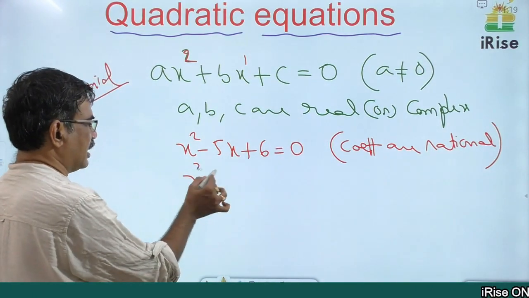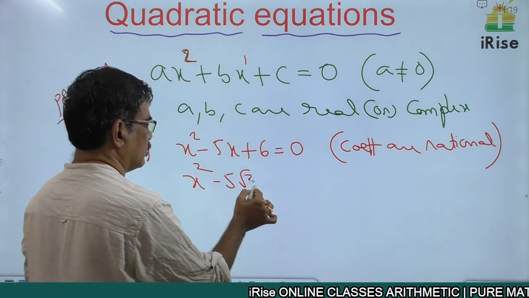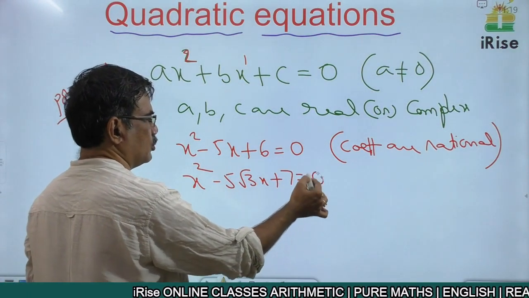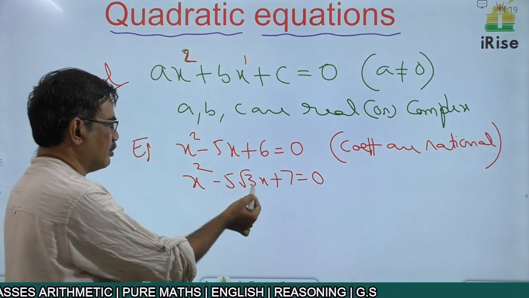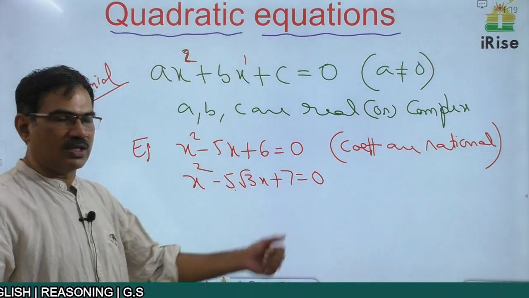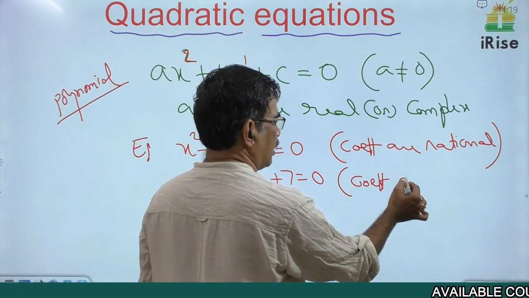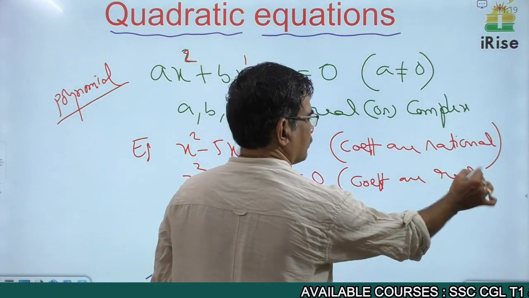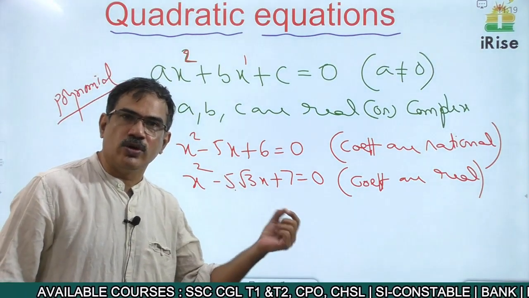Another example: x square minus 5 root 3 x plus 7 is equal to 0. Here the coefficients are 1 comma minus 5 root 3 comma 7. One is irrational, the others are rational. Therefore, we say that the coefficients are real. This is a quadratic equation having real coefficients.